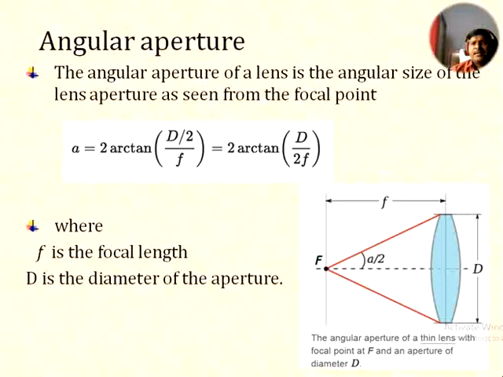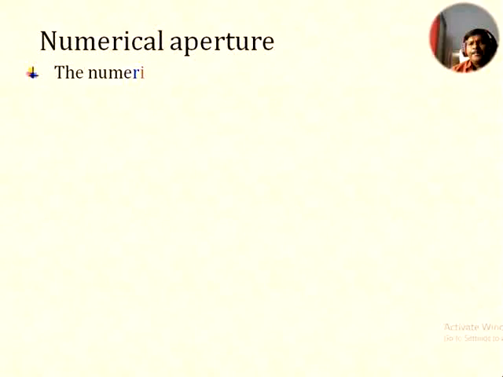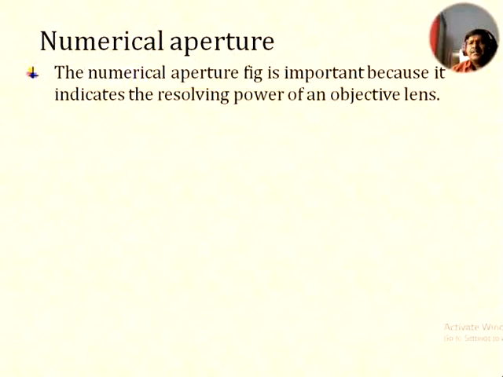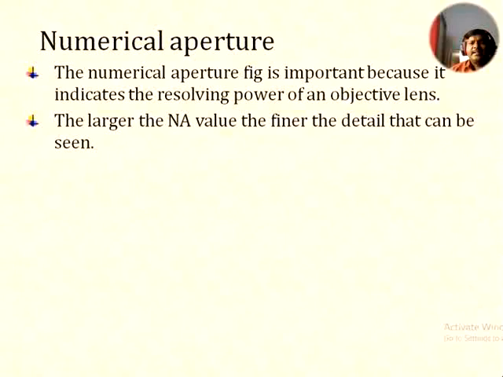Now the another point is the numerical aperture. The numerical aperture figure is important because it indicates the resolving power of an objective lens. So the larger the numerical aperture value, the finer is the detail that can be seen. Is it okay?